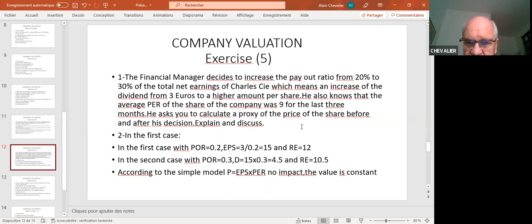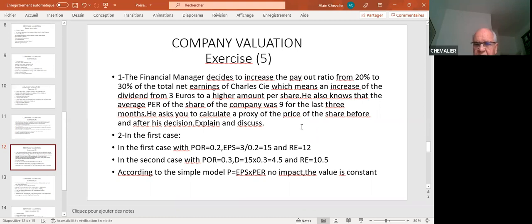So 3 divided by 0.2, which is equal to 15. And that means if we have 15 for the earning per share and 3 for the dividend, the retained earnings level is equal to the difference, 15 minus 3, which is equal to 12.